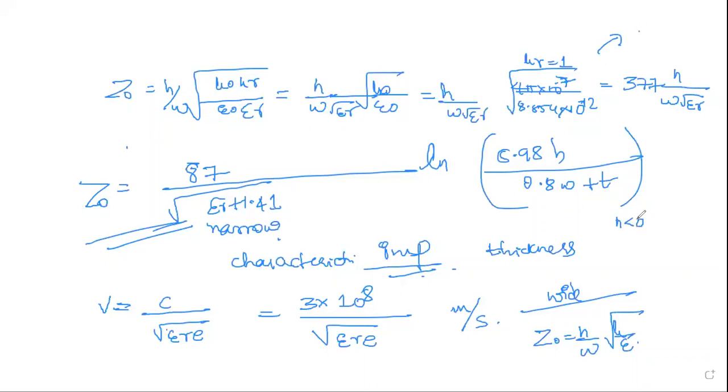If the height is less than 0.8 of the width, that means it is a narrow microstrip line. If the width is greater than the height, that will be your wide microstrip line. So the characteristic impedance for a narrow microstrip line is 87 divided by square root of epsilon r plus 1.41 ln 5.98h divided by 0.8 w plus t. Similarly, for wide, Z0 is equal to 377 h by w into square root of epsilon r.